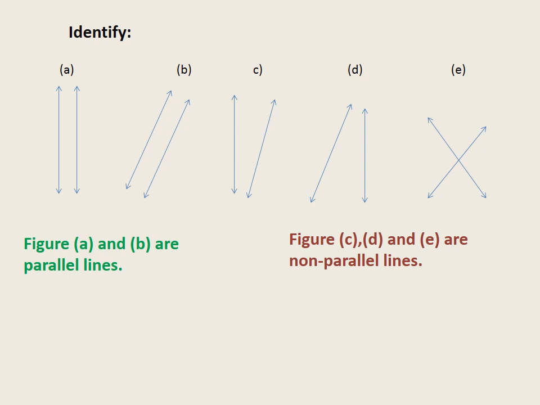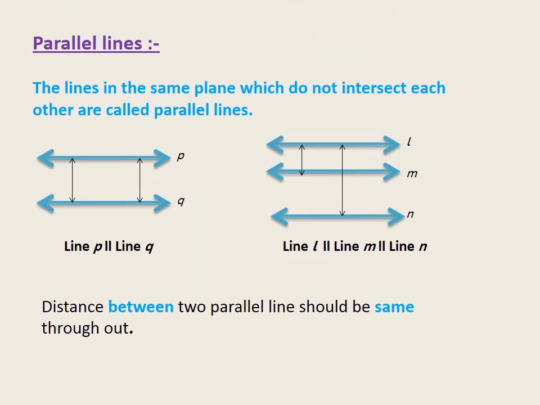Here are some pairs of lines. Figure A and B are parallel lines, whereas figure C, D and E are non-parallel lines. We can say that the lines in the same plane which do not intersect each other are called parallel lines.